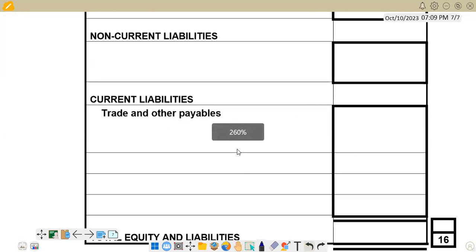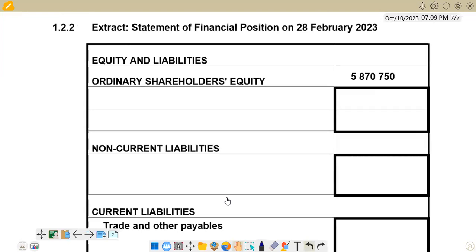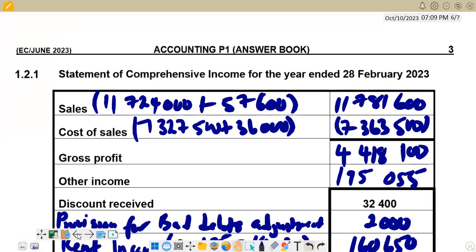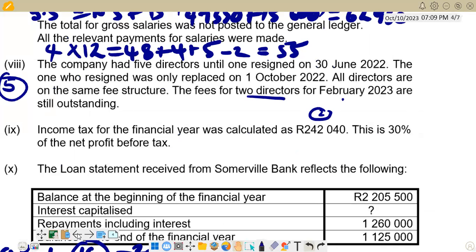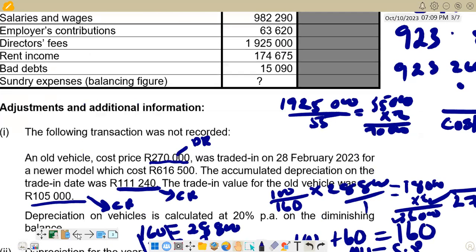Let's try to find out how we can finish this one. Right, we are already given the figure for ordinary shareholders' equity, 5,870,750. Then the figure for retained earnings is given again in the question. Let's go to the list of balances that we have.